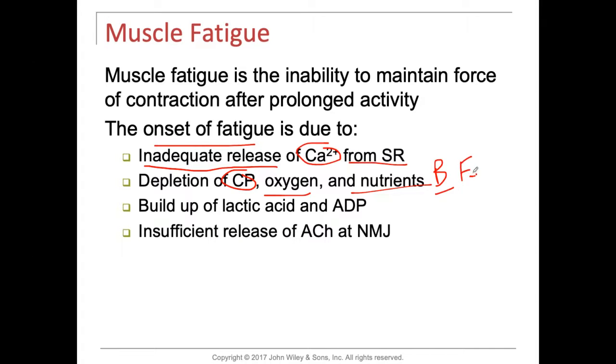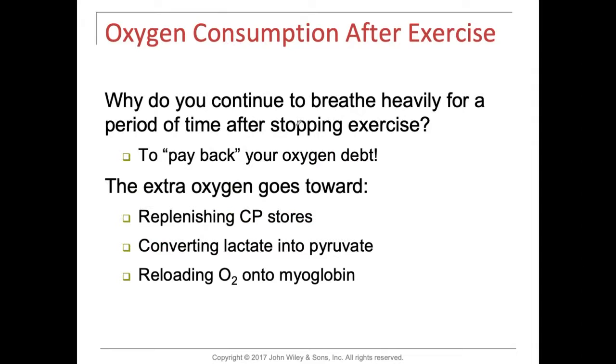Maybe they don't have enough iron. Maybe they're anemic. Maybe they don't have CoQ10, ubiquinol. There's lots of nutrients needed. Maybe they have a buildup of lactic acid and ADP. Maybe there's not sufficient release of the neurotransmitter acetylcholine at the neuromuscular junction. All of these things can result in fatigue, all of them.